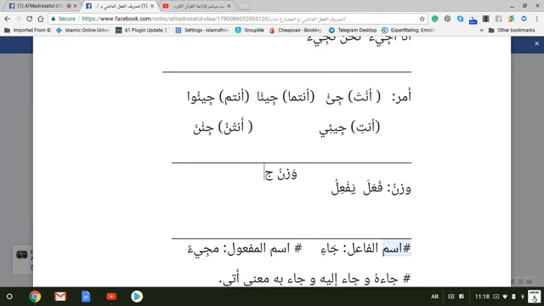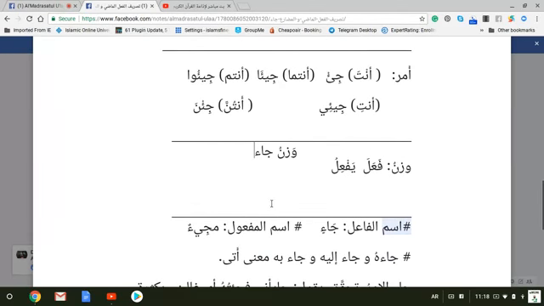The pattern of Jaa'a: fa'ala yaf'ilu is on that pattern.